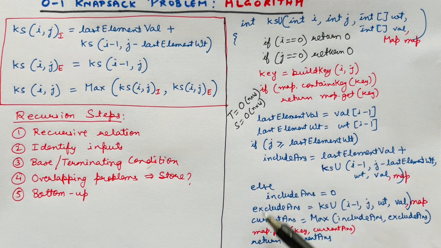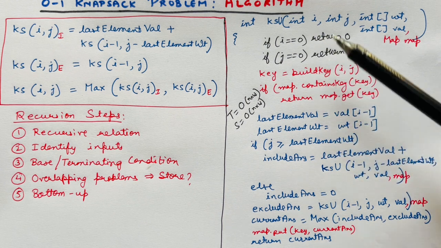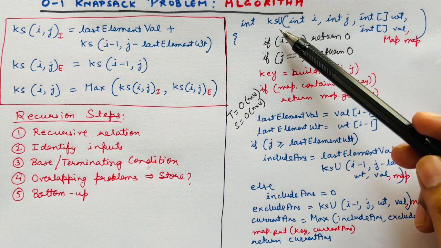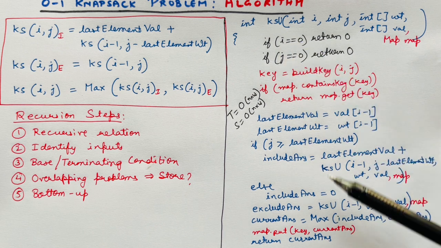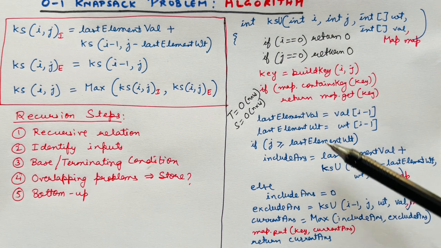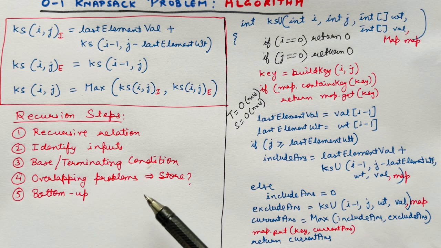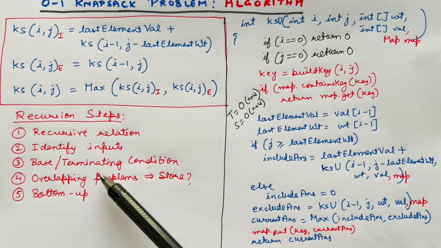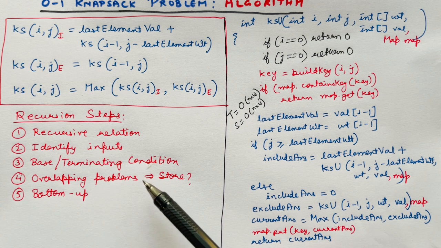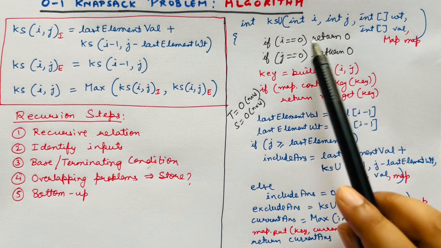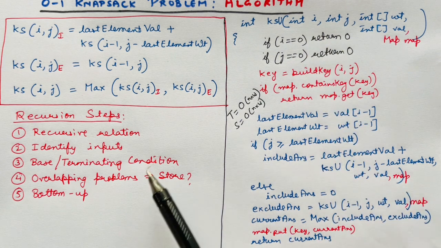But this algorithm in itself was incomplete, as it would go into infinite recursion as this method kept on calling itself. To terminate this infinite recursion, we needed something called a base or terminating condition. Now the base or terminating condition is usually reached when the input to the recursive call is the smallest.